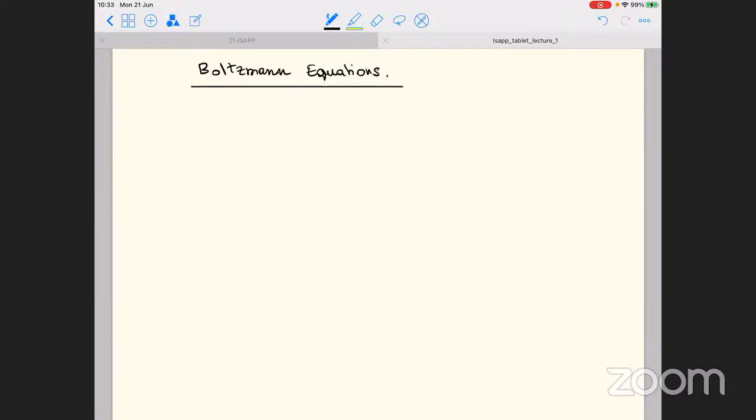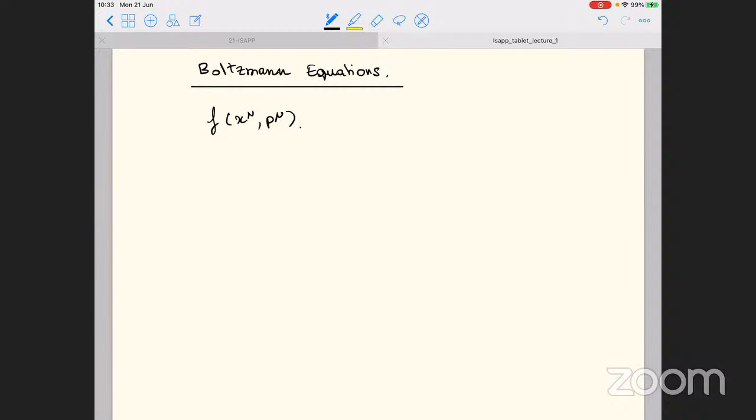Boltzmann equations allow you to describe the evolution of the dark matter, or generally of the phase space distribution of some species. I will write f, which can be a function of position and momenta.